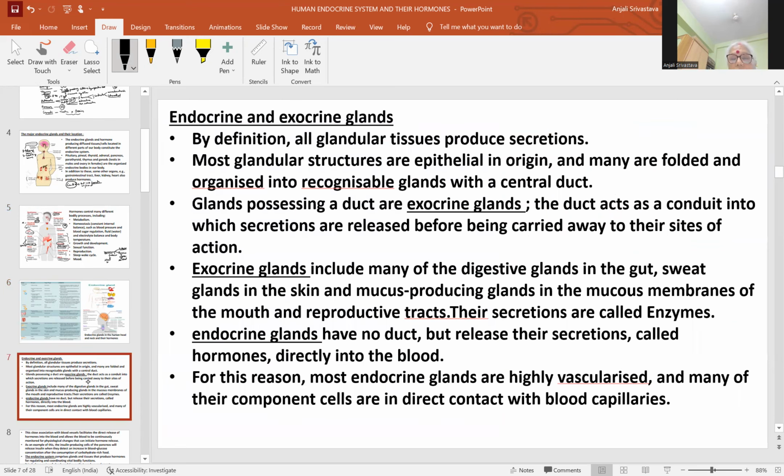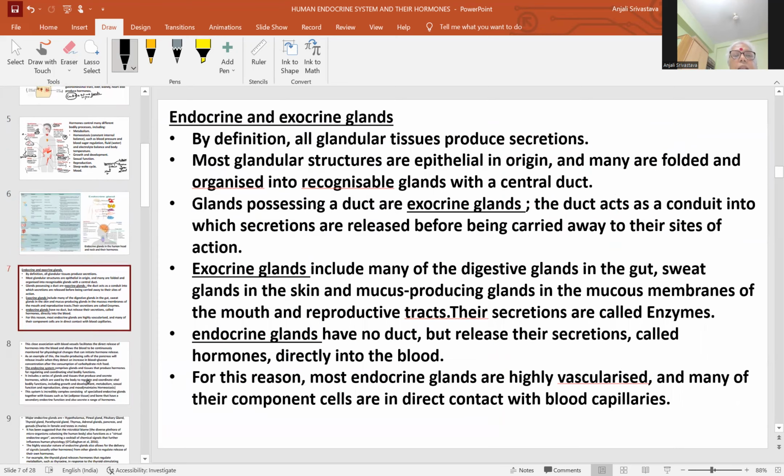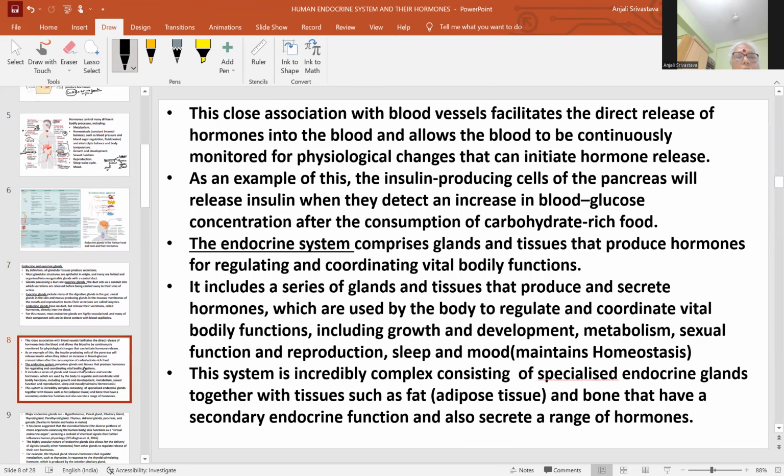Now these facts we have already seen. Exocrine gland क्या होता है, endocrine glands क्या होते हैं, एंडोक्राइन सिस्टम कैसे काम करता है, एक्सोक्राइन सिस्टम कैसे काम करता है. These all things we have already seen.